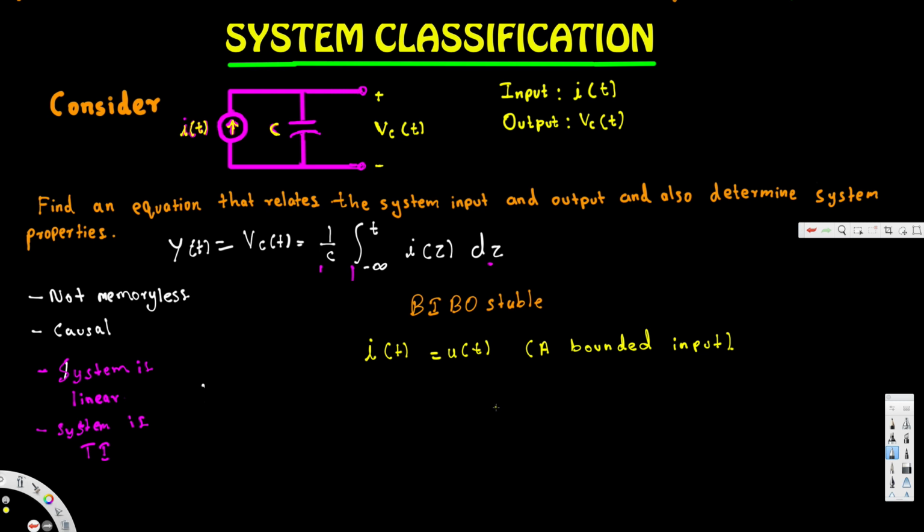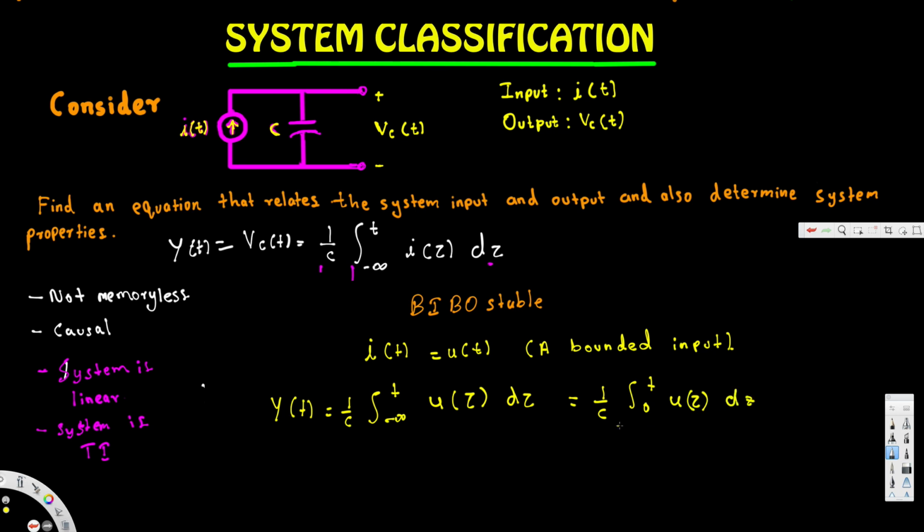But if the output is not bounded, then this is not BIBO stable. Now if we apply the integral, y of t is equal to 1 over c, integral from negative infinity to t of u of tau d tau. Now 1 over c, let's look from 0 to t, u of tau d tau.